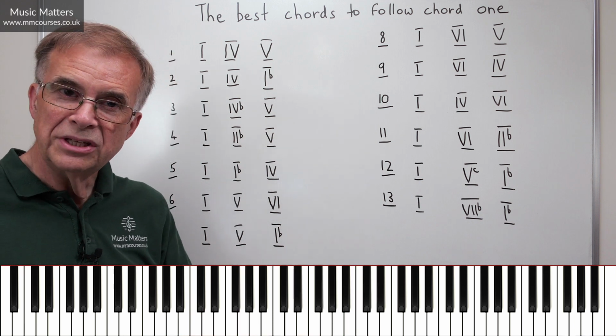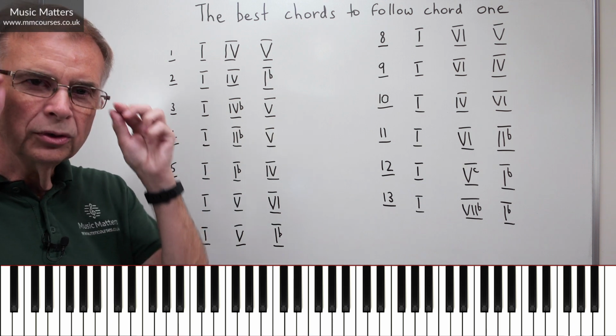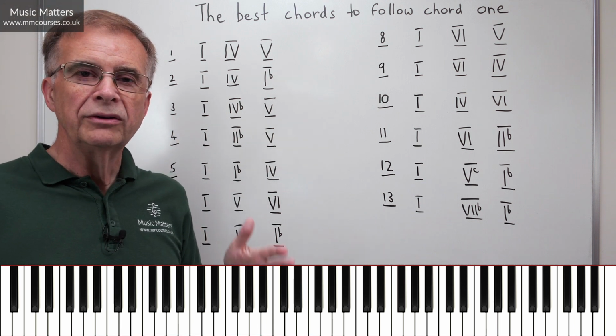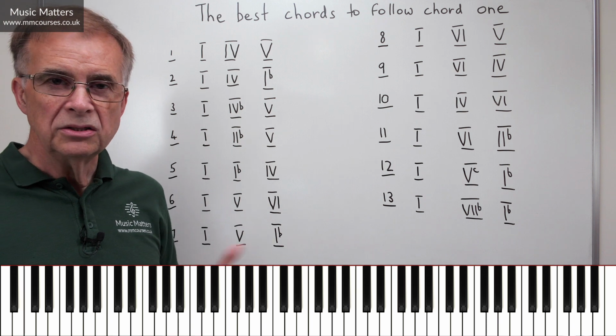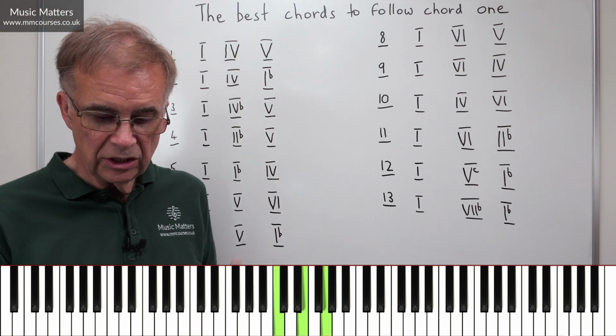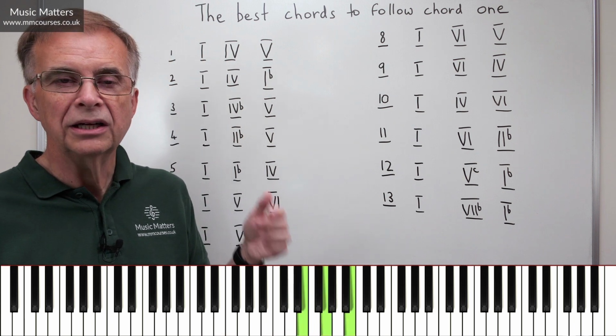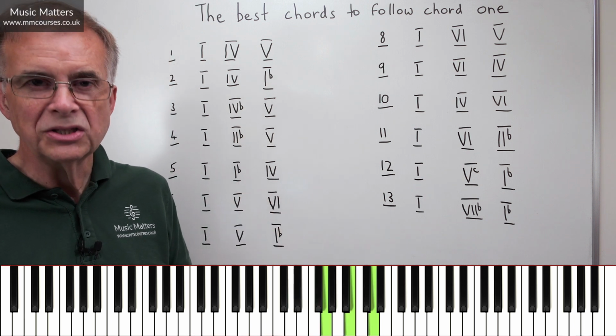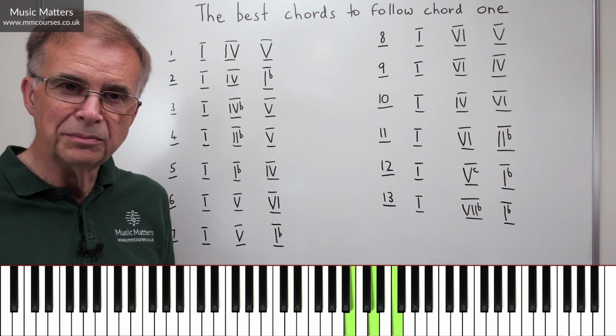So it sounds different in the minor key, because of course in a major key we've got some chords being major, some chords being minor, one chord being diminished. So in a major key, 1 is major, 2 is minor, 3 is minor, 4 is major, 5 is major, 6 is minor, 7 is diminished.